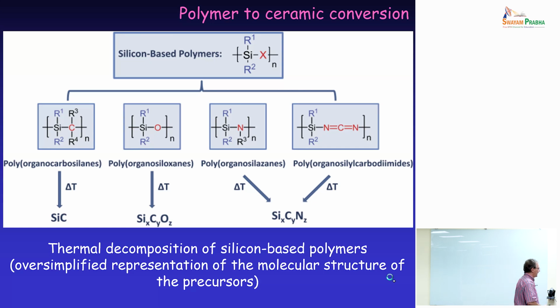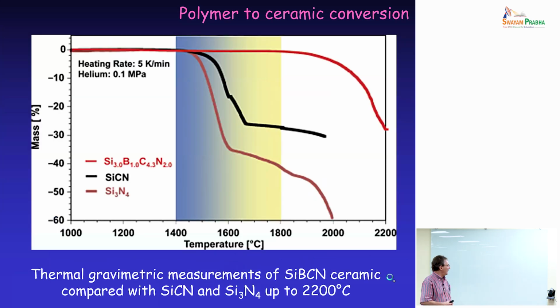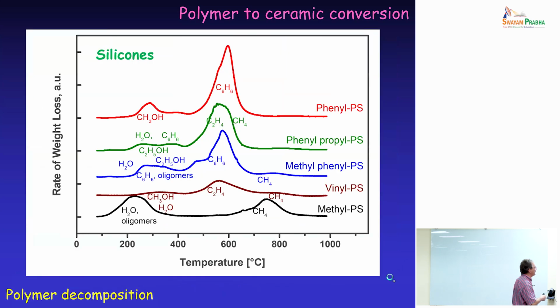And it is very, very difficult to obtain pure silicon carbide with no excess carbon. In terms of the weight loss, this is misplaced, because this is the properties, the stability of the material to higher temperatures, so not during the polymer to ceramic conversion, so I can skip that.